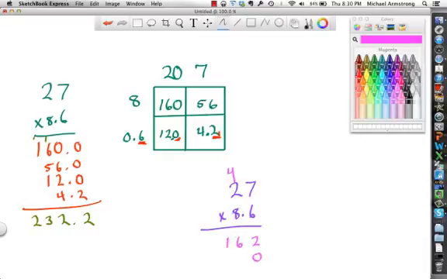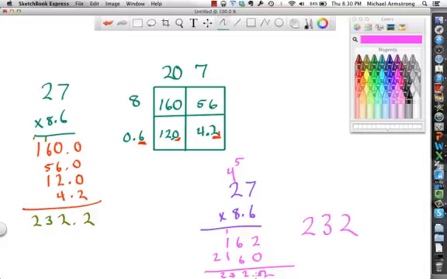Start with a 0 because this is a placeholder for this 8. 8 times 7 is 56. 8 times 2 is 16, it's 21. Add, I'm running out of room, so 2 plus 0 is 2. 6 plus 6 is 12. 1, 2, 3, 2. 232.